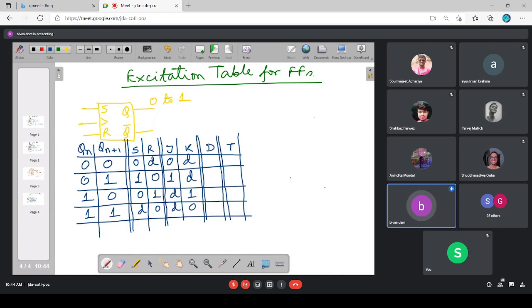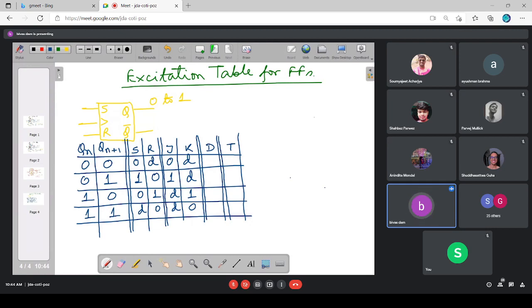That means at the arrival of the clock active edge, whatever input value is available should be your output. Is it not the way the D flip-flop functions? Yes, sir. So what is my requirement? At the clock active edge, my new output should be 0, 1, 0, or 1, for the four different state transitions.